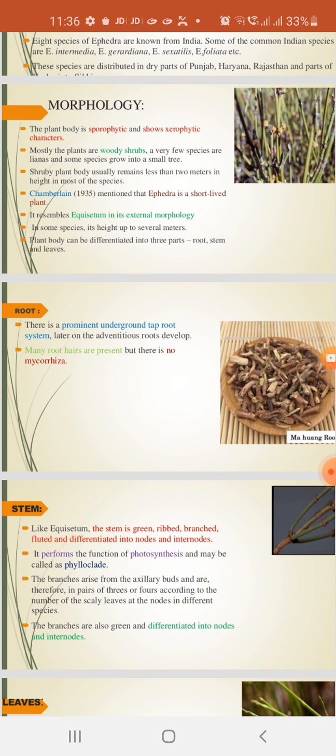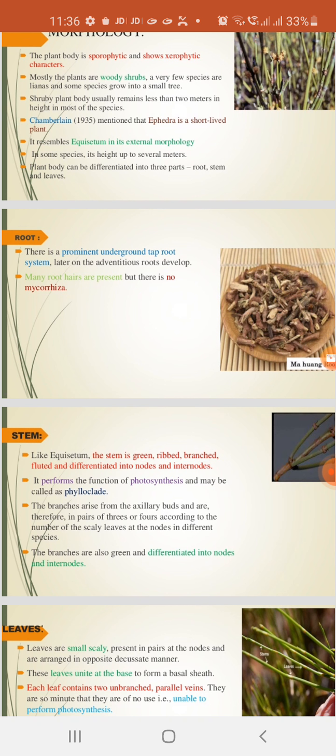Photosynthesis is the process by which plants prepare their food using sunlight, carbon dioxide and water, and release oxygen as a byproduct.